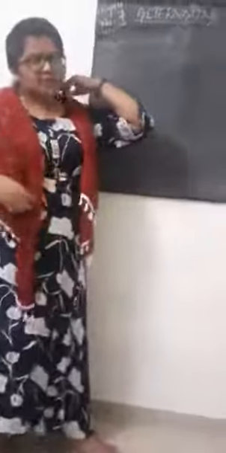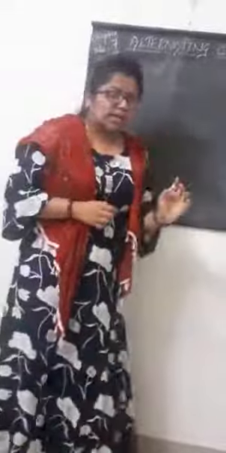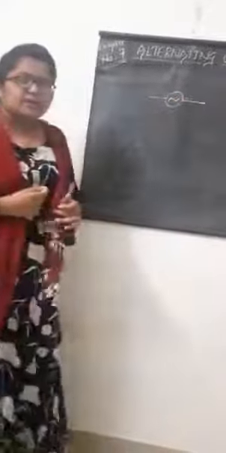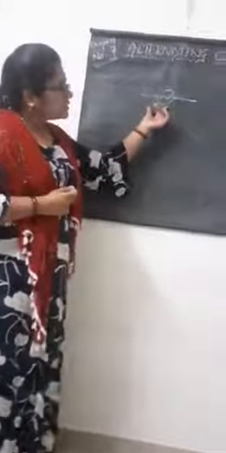Okay, so moving further. You already know that alternating current or alternating voltage is one factor which is changing with respect to time, and that current is not constant. And you know how we represent a source which is supplying alternating current to us. So this is the symbol of an AC source.